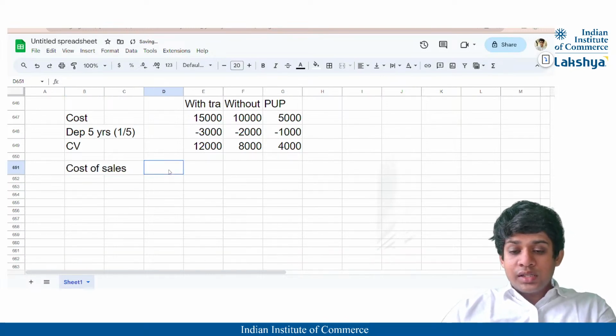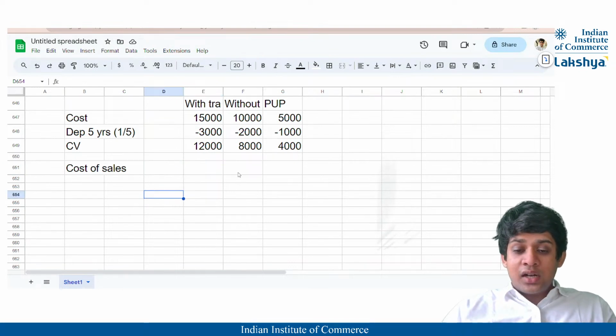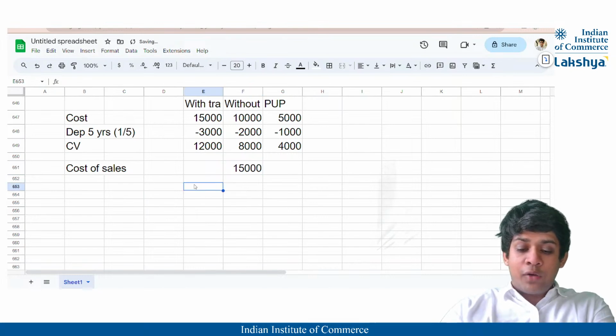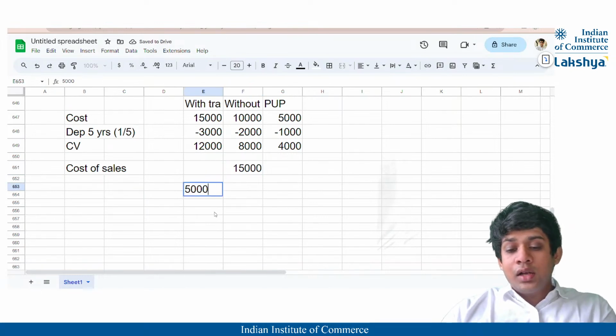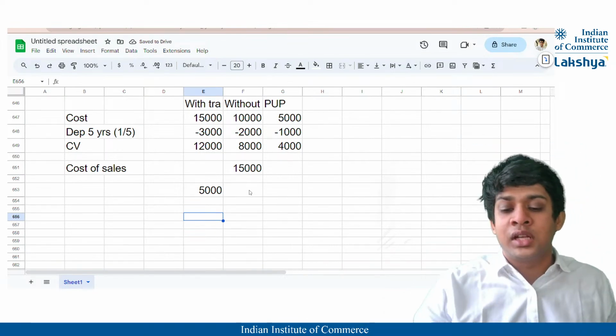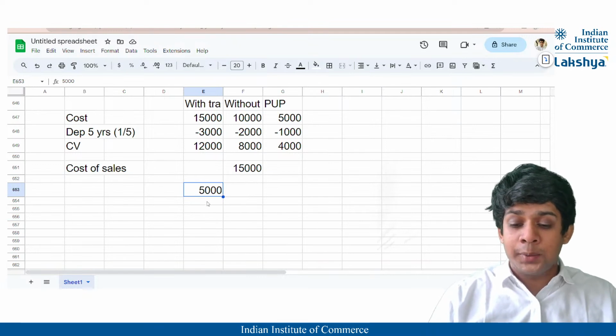Because see now, I sold the asset at what value? I sold the asset at 15,000. That means as a parent company I gained a profit of 5,000. So this is my profit.